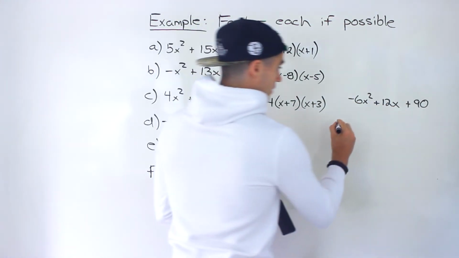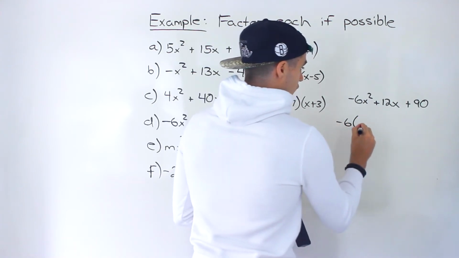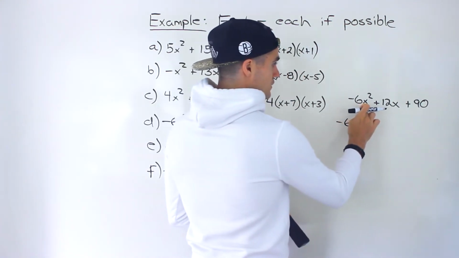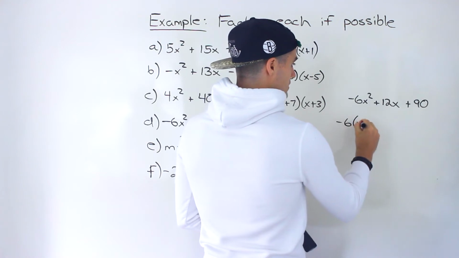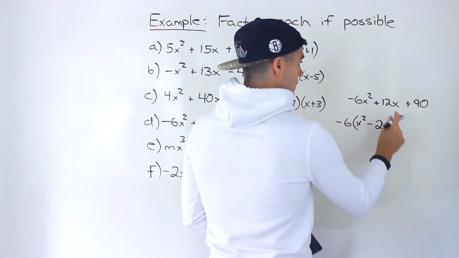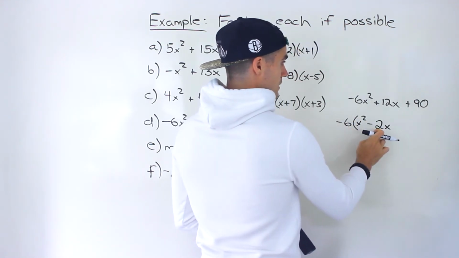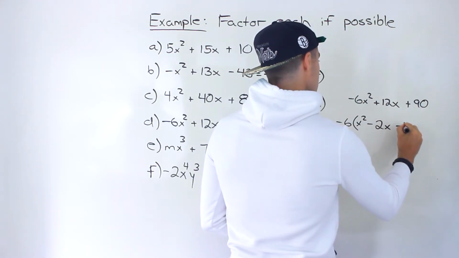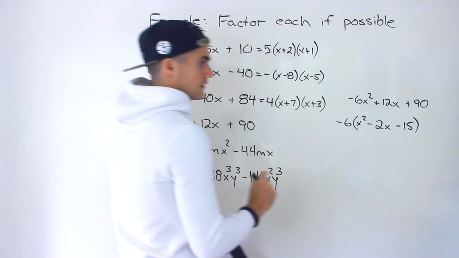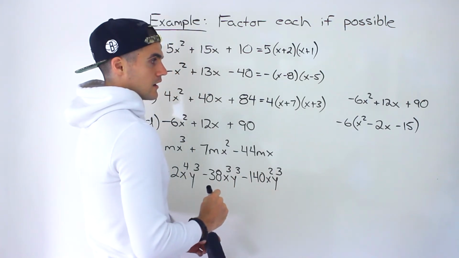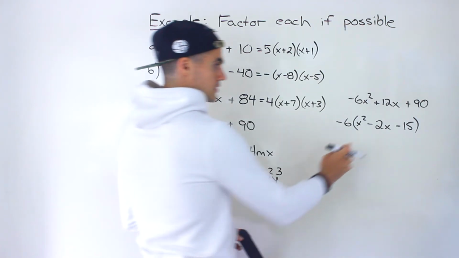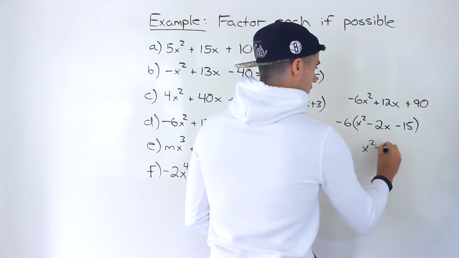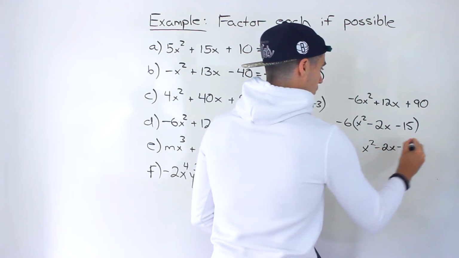So we could actually take out a -6 for all of these. And so if we divide all these by -6, we'd have x squared minus 2x. 12x divided by -6 is minus 2x. 90 divided by -6 would give us minus 15. Okay, and then from here, we just factor this remaining quadratic.